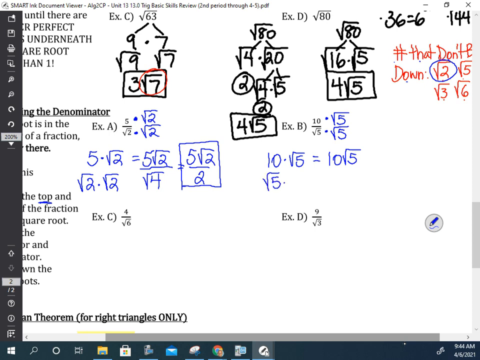Square root of 5 times square root of 5 is the square root of 25. Square root of 25 is 5. Any questions before we finish off the problem?